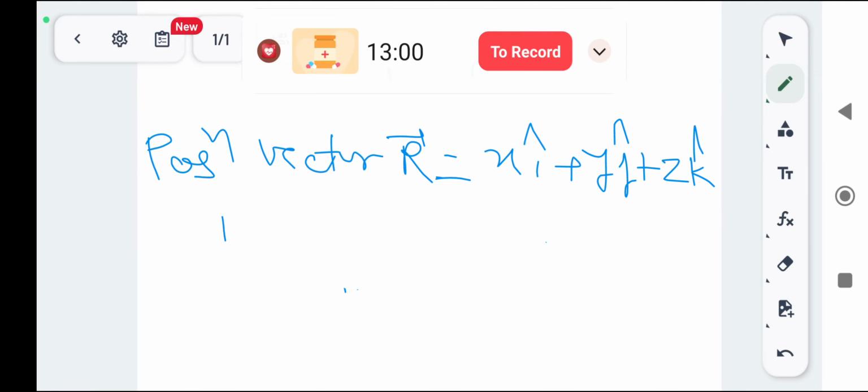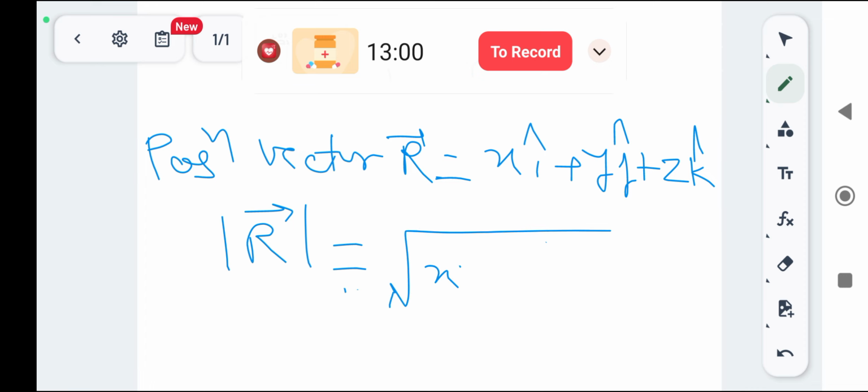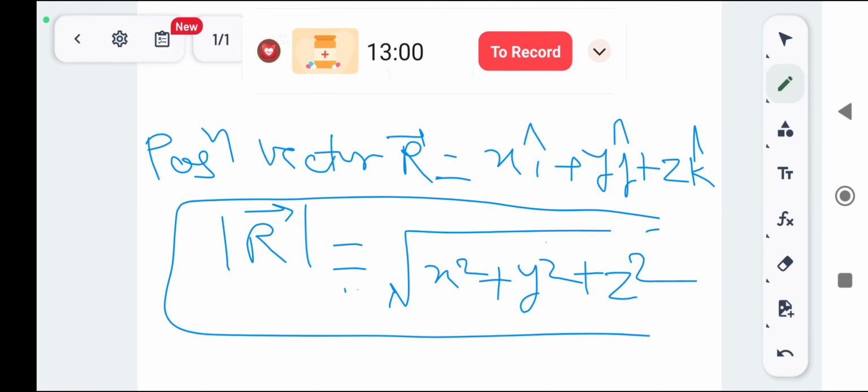Then the mod of the position vector is equal to the square root of x squared plus y squared plus z squared. Now this is the mod of the position vector.